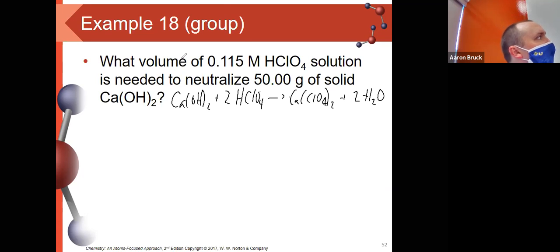All right, so try to figure this one out. How much of the perchloric acid do you need to neutralize 50 grams of the solid calcium hydroxide?